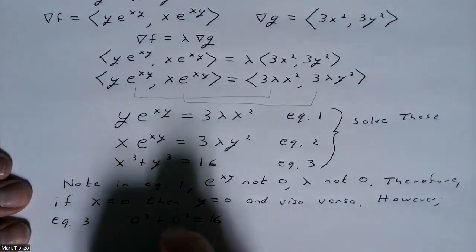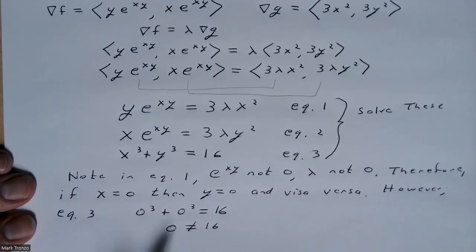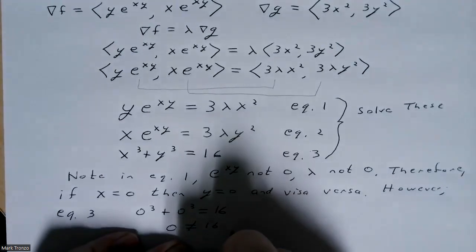And of course, 0 can't be equal to 16. So we have a contradiction. That means that x and y cannot be 0.